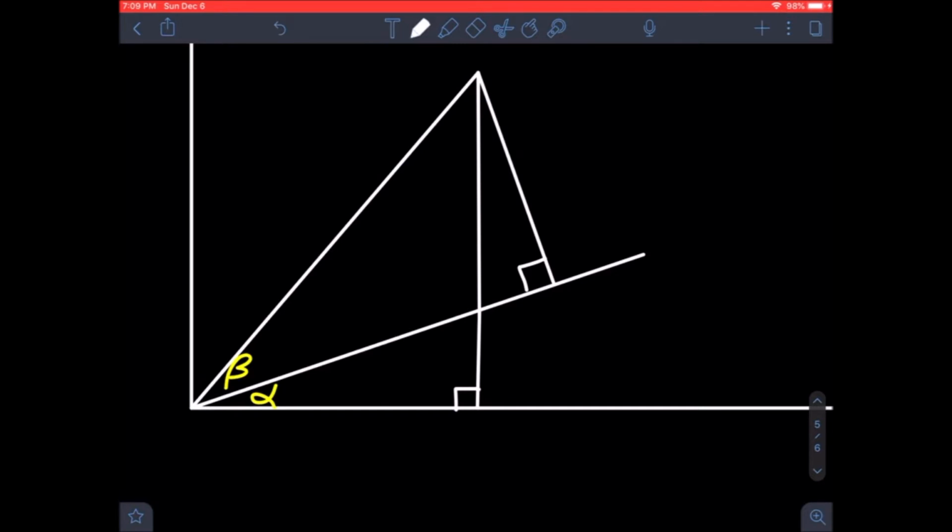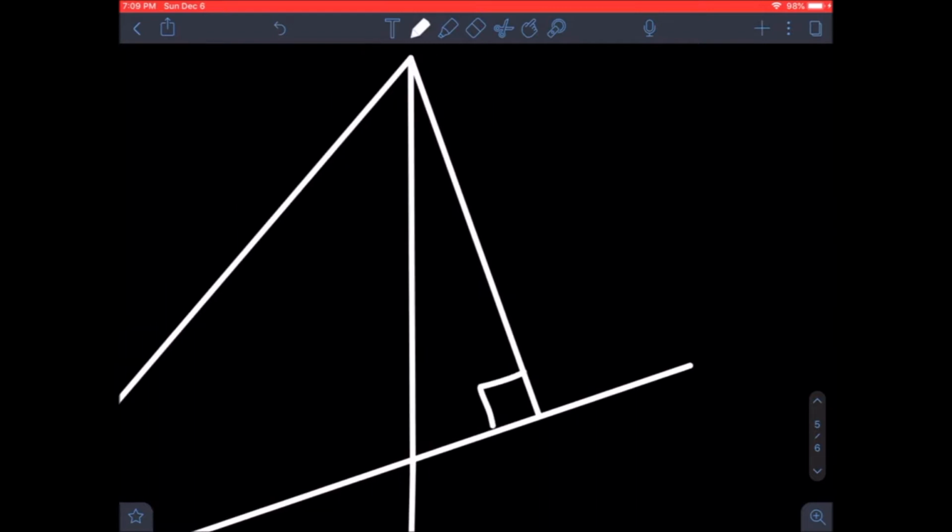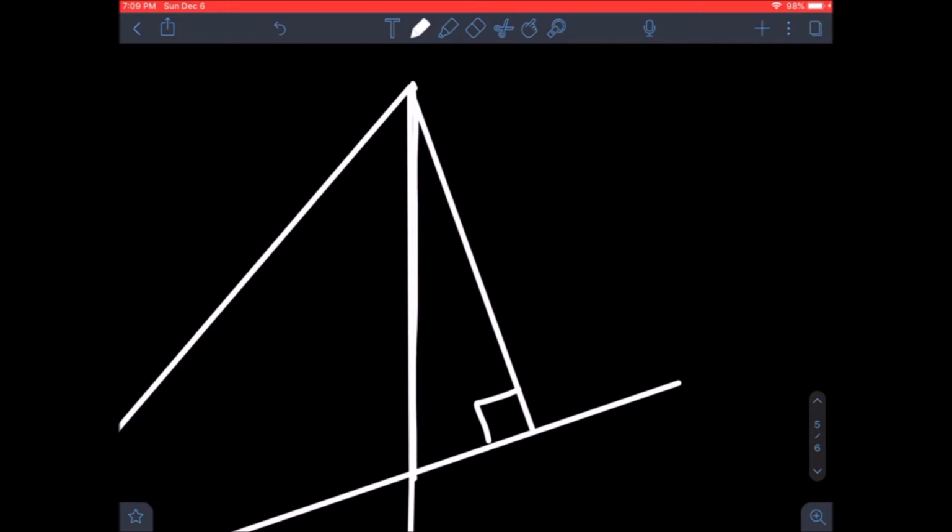So we have made three right triangles: one that uses alpha, one that uses beta, and one that uses alpha plus beta. However, there's also a fourth right triangle that we don't want to forget. This fourth right triangle is very, very important.